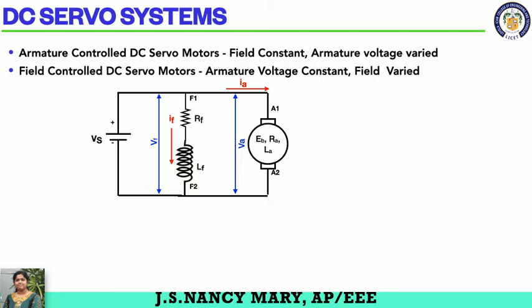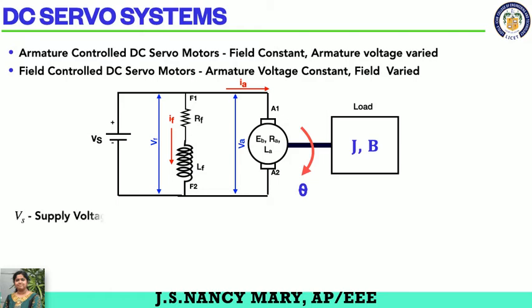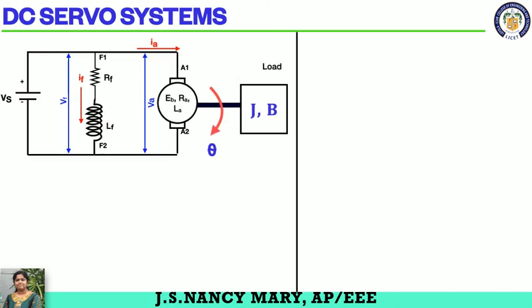So here I am going to connect the motor with a load of inertia J, because as it is a rotational motor, I am going to connect a rotational load. So inertia will be J and frictional coefficient is B. Now Vs will be the supply voltage, Vf will be the field voltage, and If will be the field current, because these are the parameters which we are going to see in the field control motor.